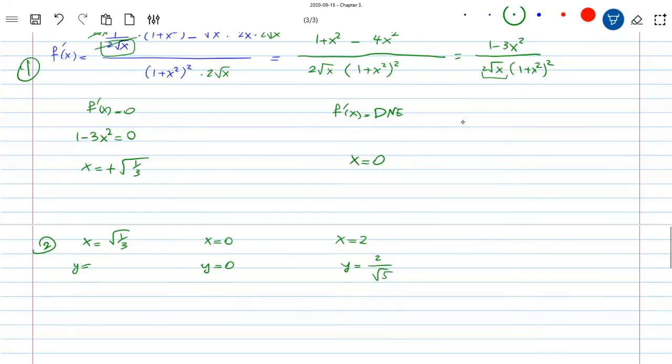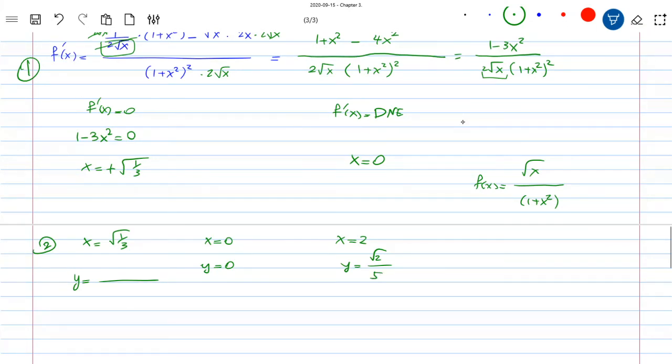If we replace x with square root of 1/3, let me write this a bit lower. If you replace square root of 1/3 into the original function, which is f of x equals square root of x divided by 1 plus x squared, what you get is, sorry, this was root 2 over 5, not 5.